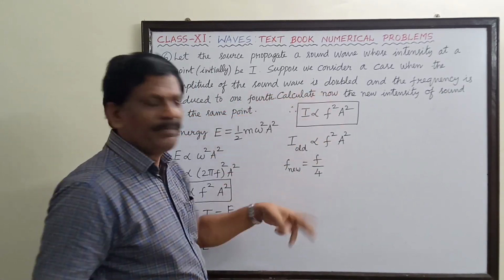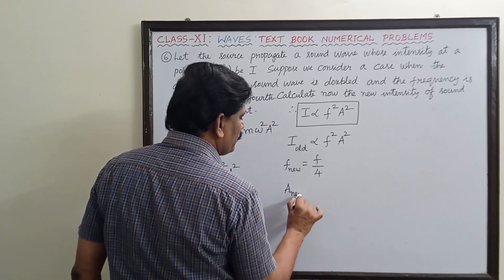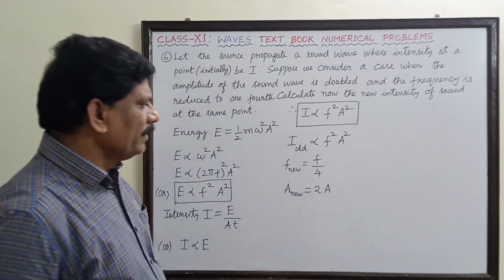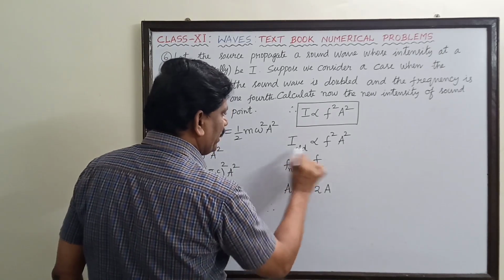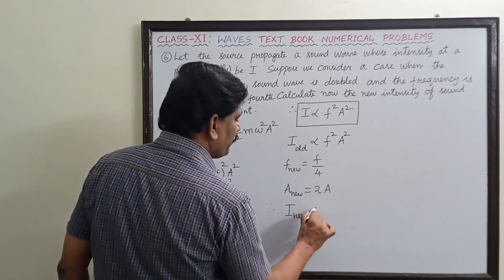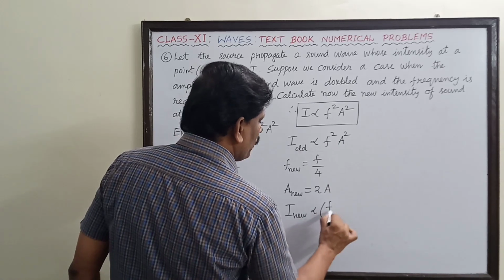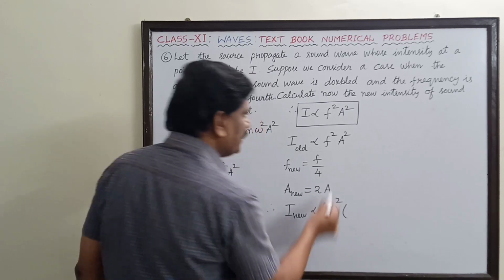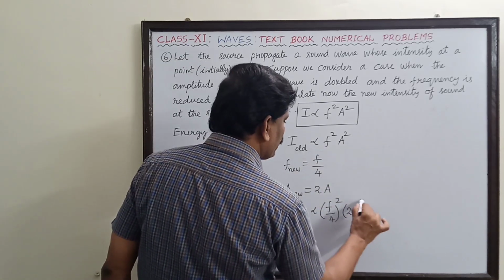What about the amplitude? Amplitude is doubled, so a new is equal to 2 times a old. Therefore I can write the new intensity is proportional to, instead of f square, f by 4 the whole square, into, instead of a, 2a the whole square.